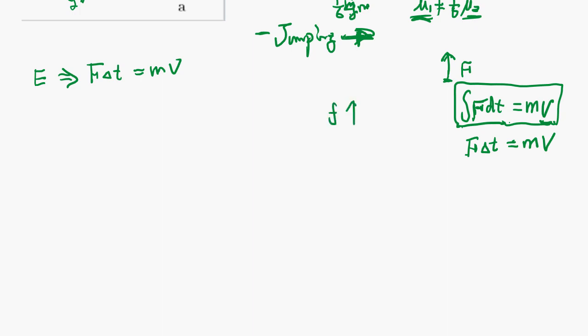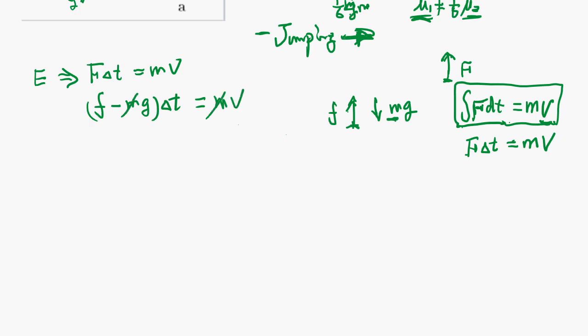F is actually your knee muscle power minus your weight, which is mg, and this time m includes the astronaut and everything, backpack, everything. So it's going to be (F minus mg) delta t equals mv.